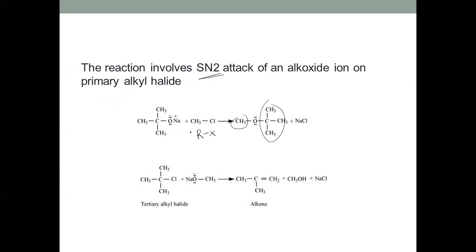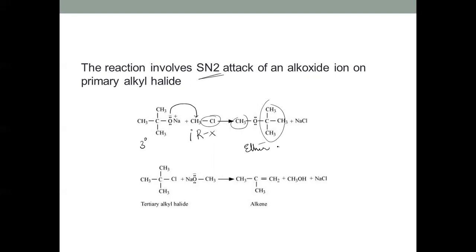So we are taking a primary alkyl halide and a tertiary alkoxide. The alkoxide ion will attack this carbon atom by SN2 attack, the Cl is substituted, resulting in the formation of this ether.